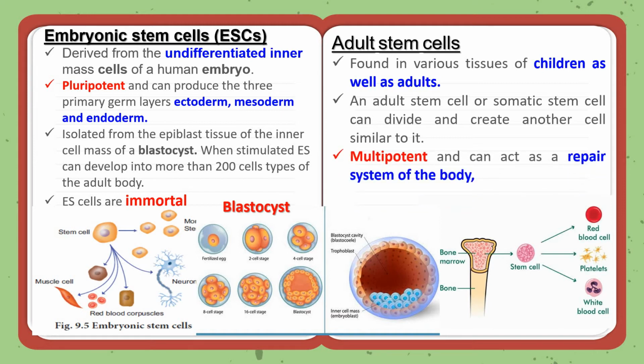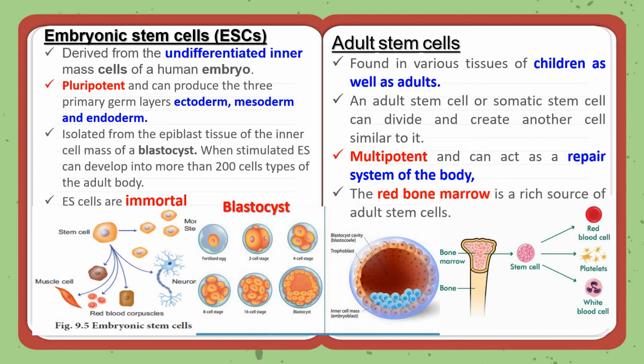An adult stem cell or somatic stem cell can divide and create another cell similar to that. But in the case of embryonic stem cell, it is pluripotent and it can differentiate into ectoderm, mesoderm and endoderm. And here it is multipotent and embryonic stem cell is pluripotent.